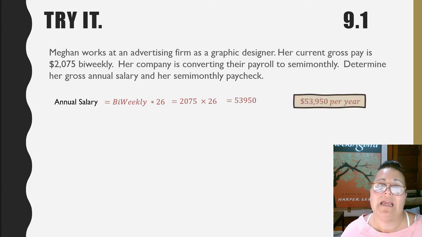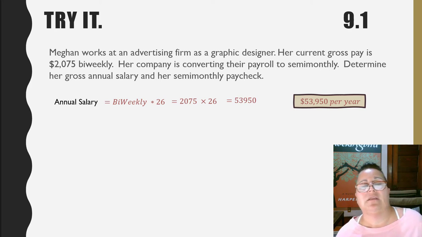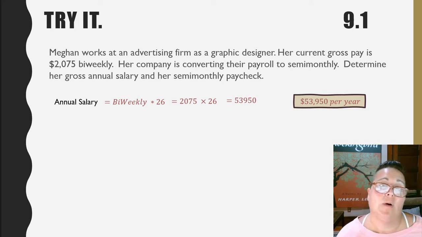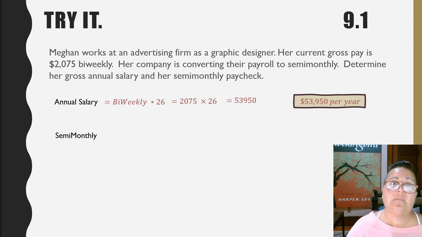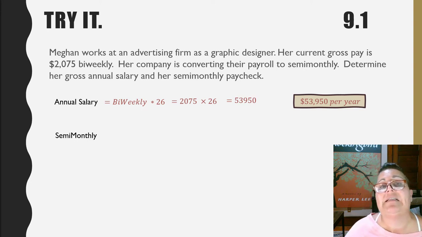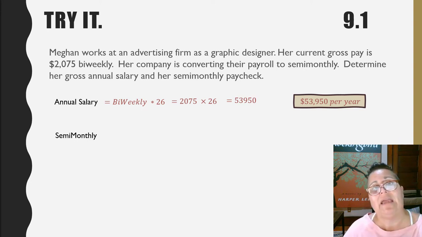So her gross annual pay is $53,950. If her boss or business decides to switch to semi-monthly, that means she's not going to be getting 26 paychecks anymore. She's actually going to be getting 24, but they still have to pay her the same annual amount.